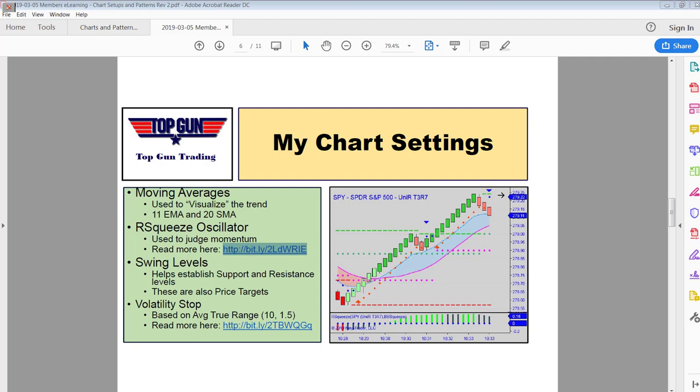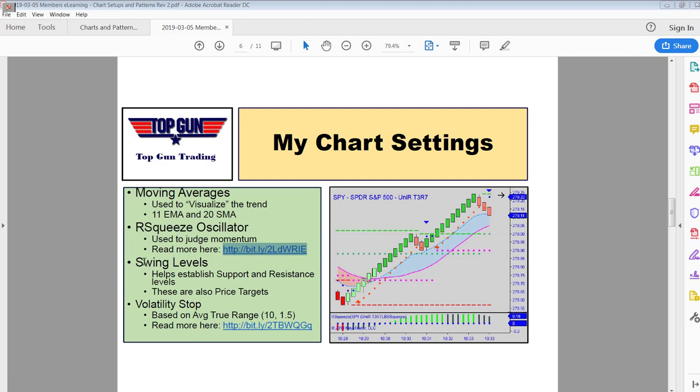But John Carter, the TTM squeeze, trade the method, available for free, already pre-licensed stuff. A lot of it is stuff I like. Some of it I don't necessarily. And the squeeze indicator is a decent momentum indicator, and you can read more about it there.